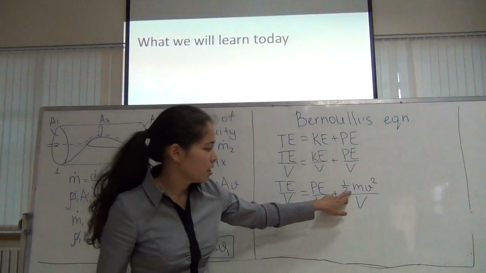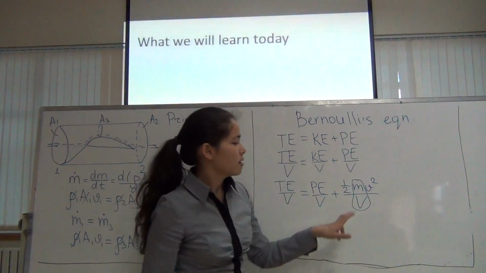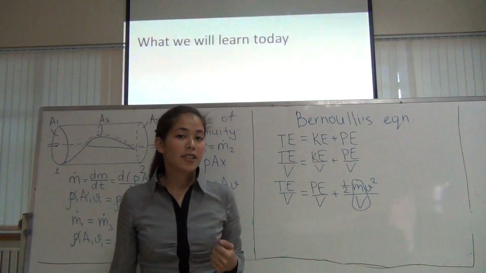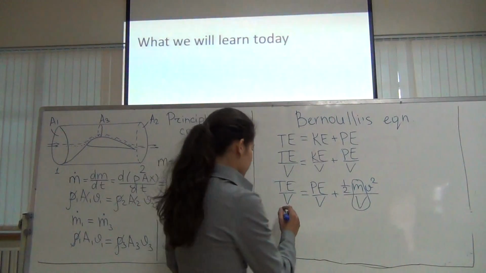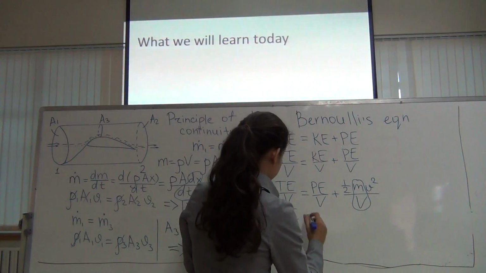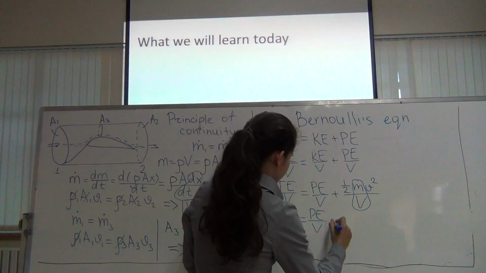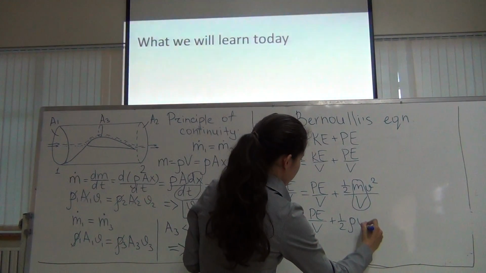And we can see here, we know this quantity, mass of substance per unit volume, it is equal to density. So we can substitute density into this equation. Plus 1/2 rho v squared.